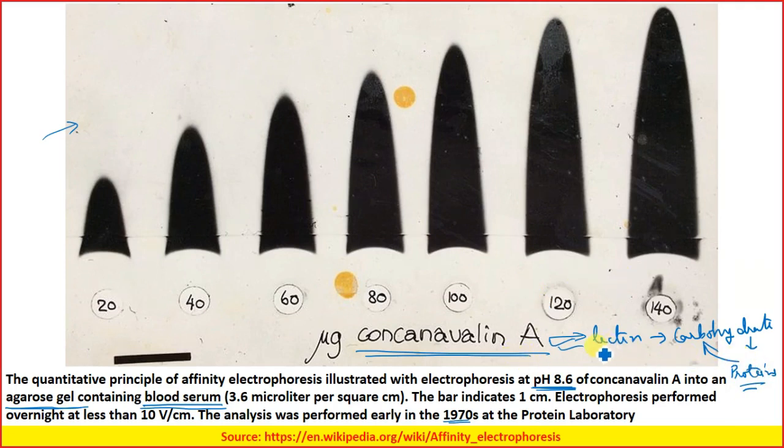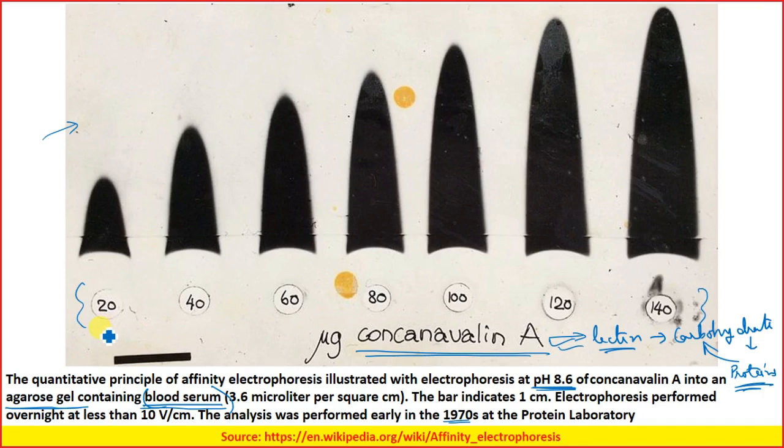In other words, since we are using blood serum, the proteins are the serum proteins available within the serum. So by understanding this, you will be able to understand the interaction of this lectin concanavalin A with the serum proteins.